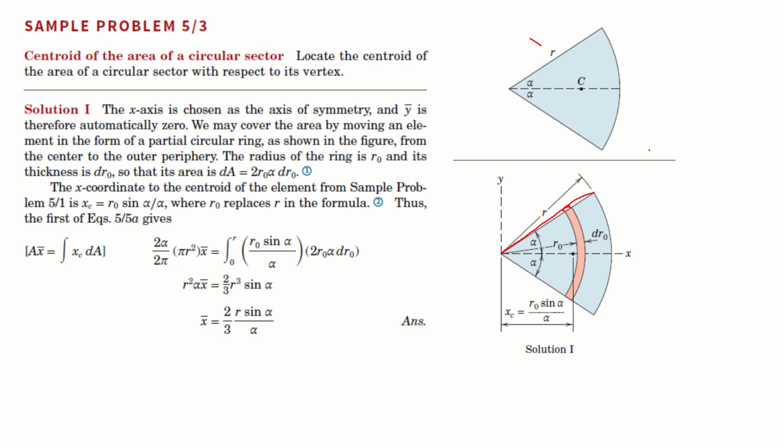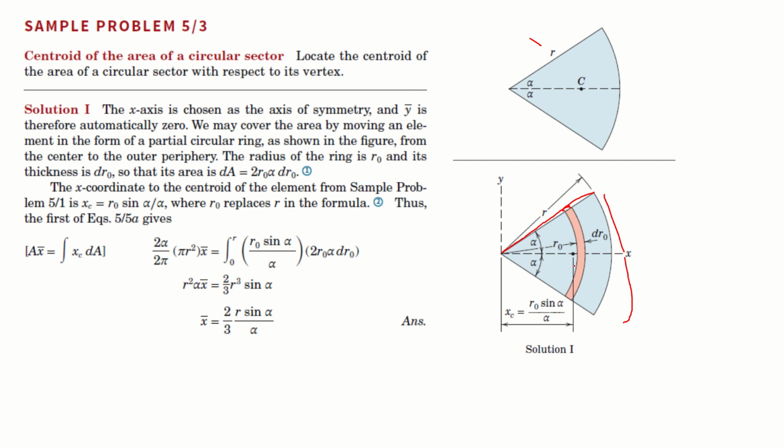But if we are saying a small area of the r, it is defined as 2 r naught, that is the initial r naught, times dr naught, that is the increment in r naught. This means r naught squared times alpha. Alpha is the angle you are going to move from. 2 is from two regions, that is above the center and below the center, region 1 and region 2, right here, this part, sorry.